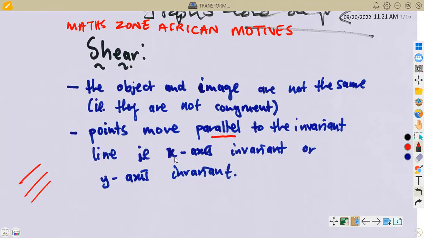Where they meet, they'll meet either in the x-axis, which is your invariant line, or they can meet in the y-axis, which can be the invariant line. So once you have your invariant line, you're supposed to know that these points move parallel to the invariant line. I'll explain how this works in examples, but that is the first part that you're supposed to have.